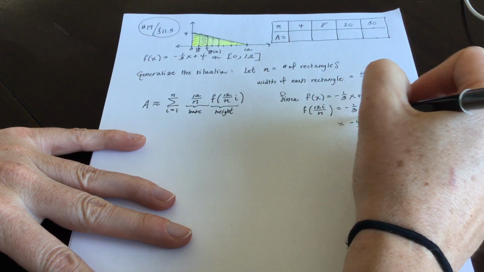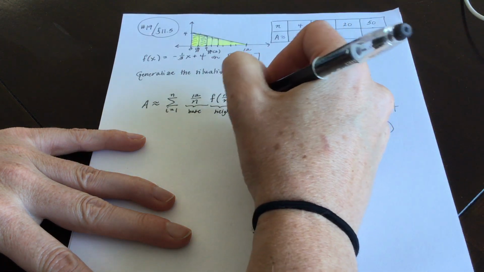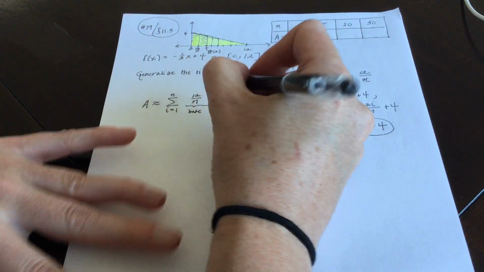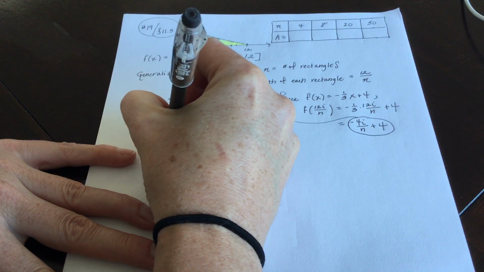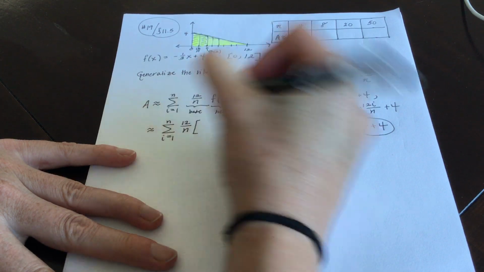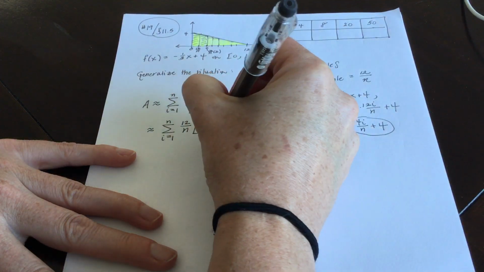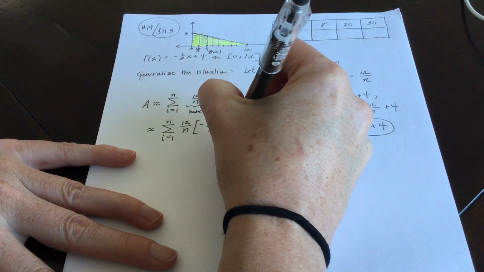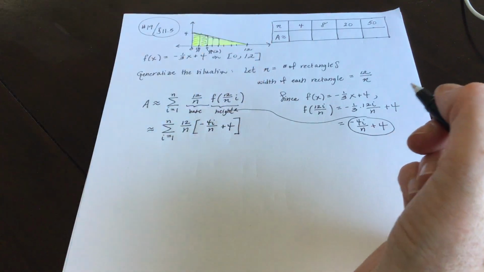Now we can plug this in for the height piece right here. So you'd have that the area is approximately the sum as i goes from 1 to n of 12 over n times negative 4i over n plus 4. So I just replaced f of 12 over n times i with this expression.